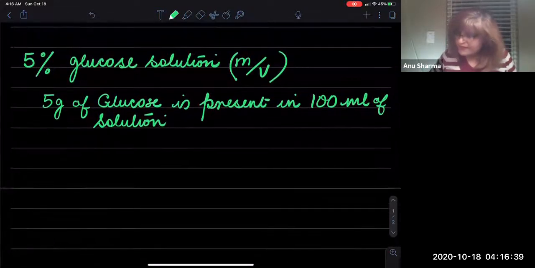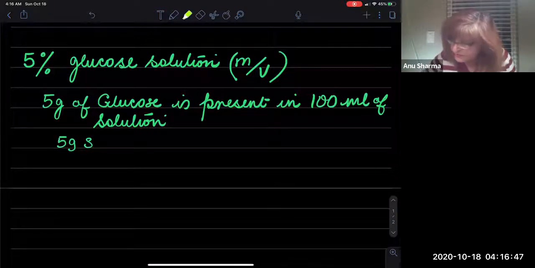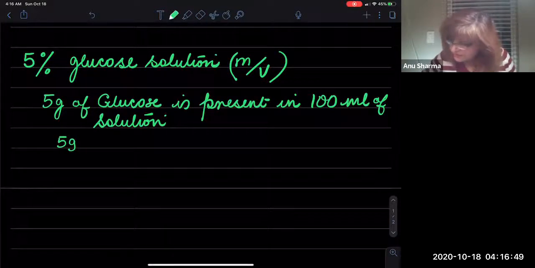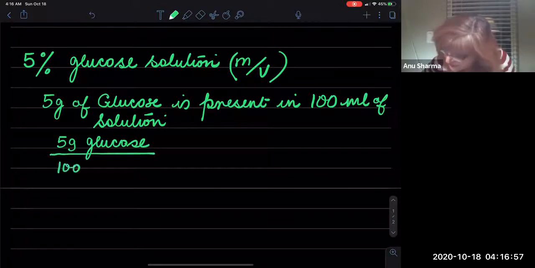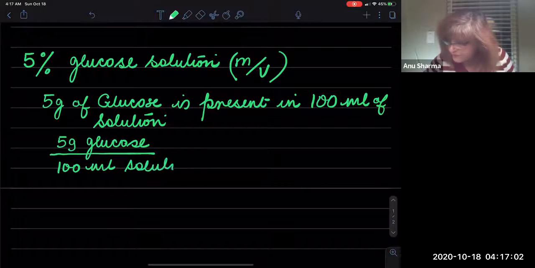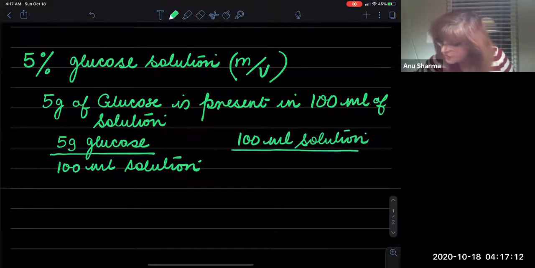So using that equality, we can create the conversion factors. So 5 grams of glucose over 100 milliliters of the solution, or 100 milliliters of the solution over 5 grams of glucose.